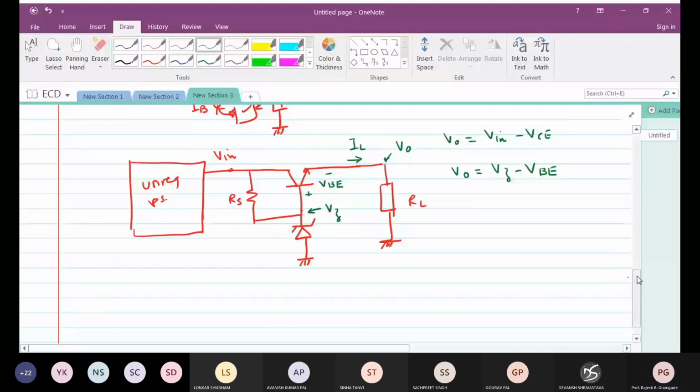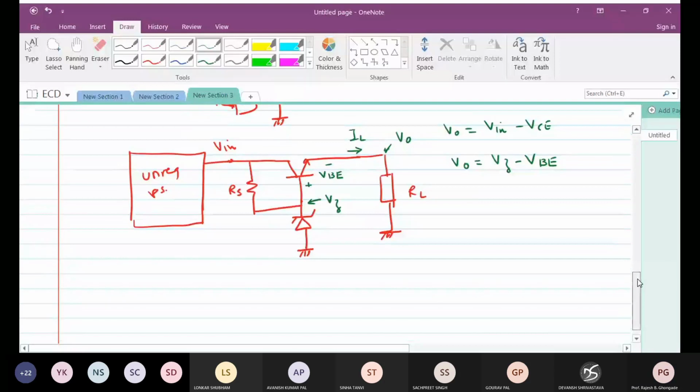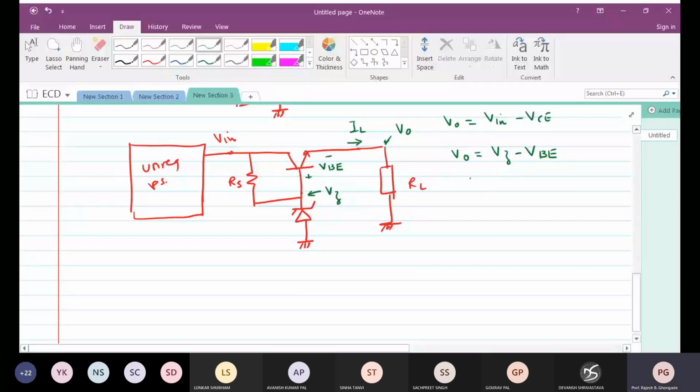Remember that if output voltage tries to decrease, VZ is going to be constant because it's a Zener shunt regulator. So VBE is equal to VZ minus VO. VZ is constant, but Vout tries to decrease. So what will happen to VBE?